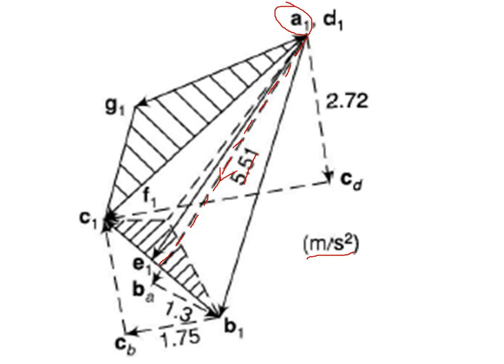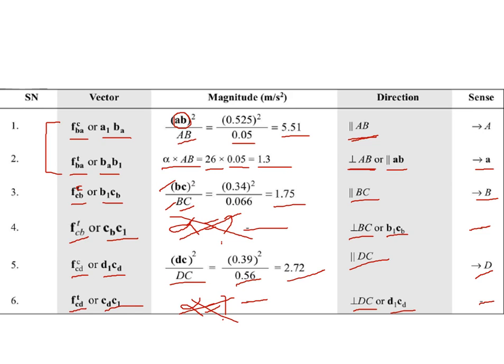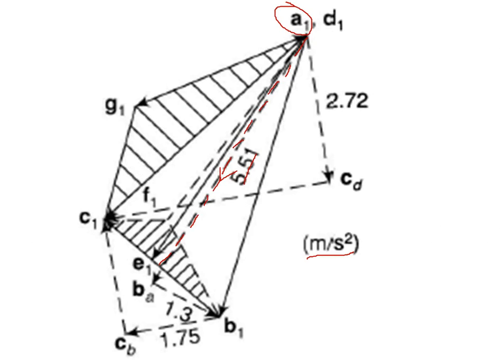Okay, next BA to B1. BA to B1 is 1.3 value, and it is perpendicular to AB.